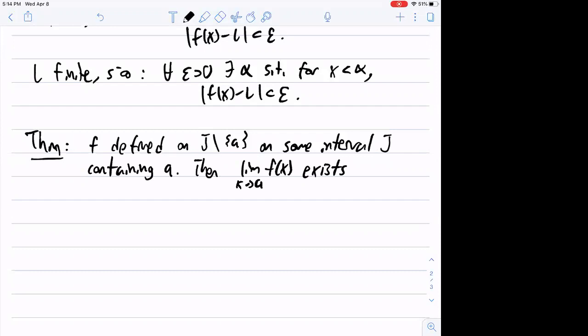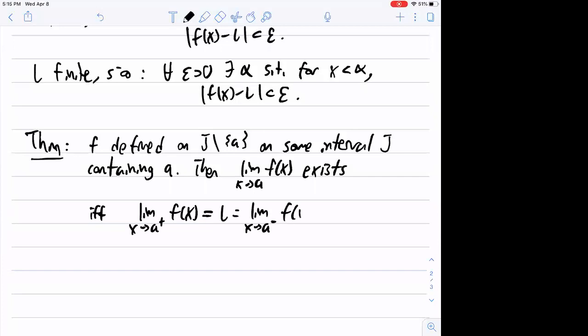It exists if and only if the limit as x goes to A from the right equals the limit from the left, basically the limits exist and they equal some number.